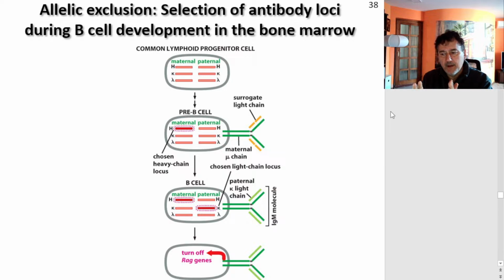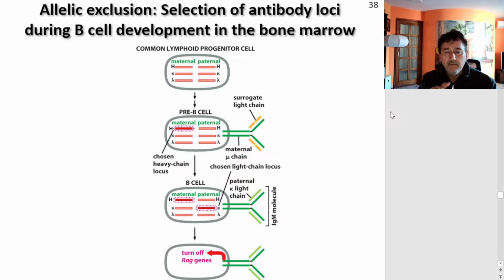If one copy of the light chain is used from the paternal genes, then the other copy of the light chain is also from the paternal. The same rule applies for the heavy chains. So if one of the heavy chains is from the maternal allele, then the other is also from the maternal. But there can be a variation: if the light chain is paternal, then the heavy chains can be both maternal and paternal.